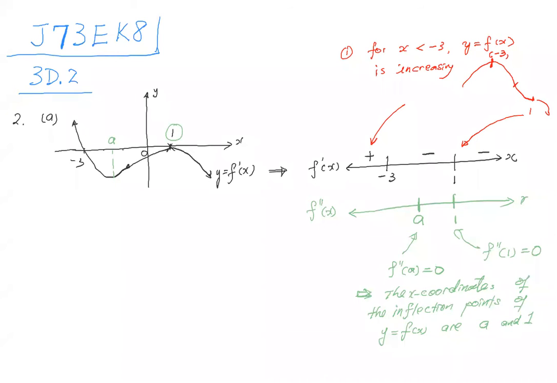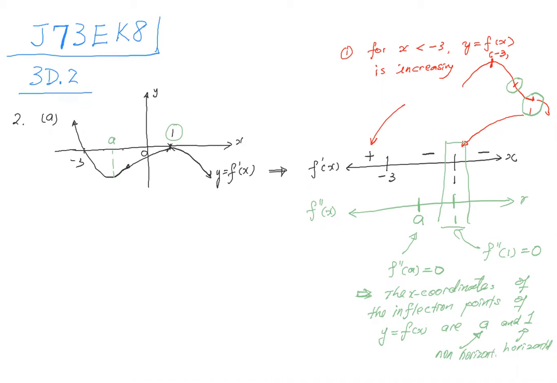So that's why there's an inflection point here and another inflection point here. The difference is that at x equal to 1, this is called a horizontal inflection point. This is horizontal. This is non-horizontal. Clear?